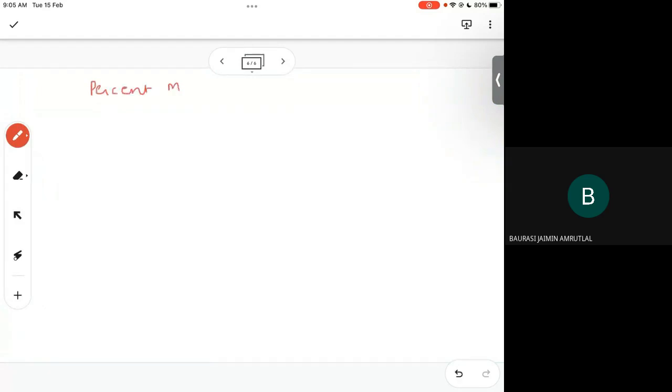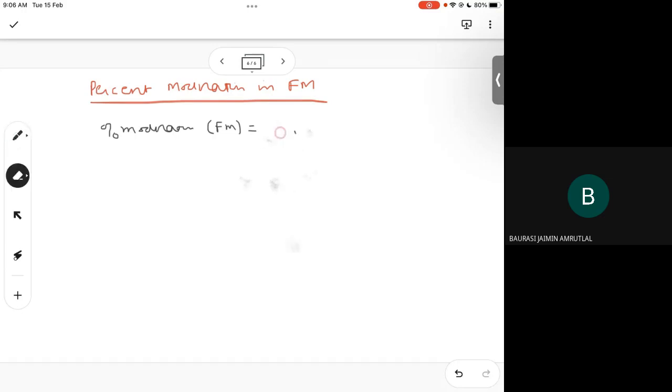So if I have to express percentage modulation in FM, we define it as delta f actual over delta f standard into 100%. There is no derivation, it is very straightforward. I will explain what the standard is.